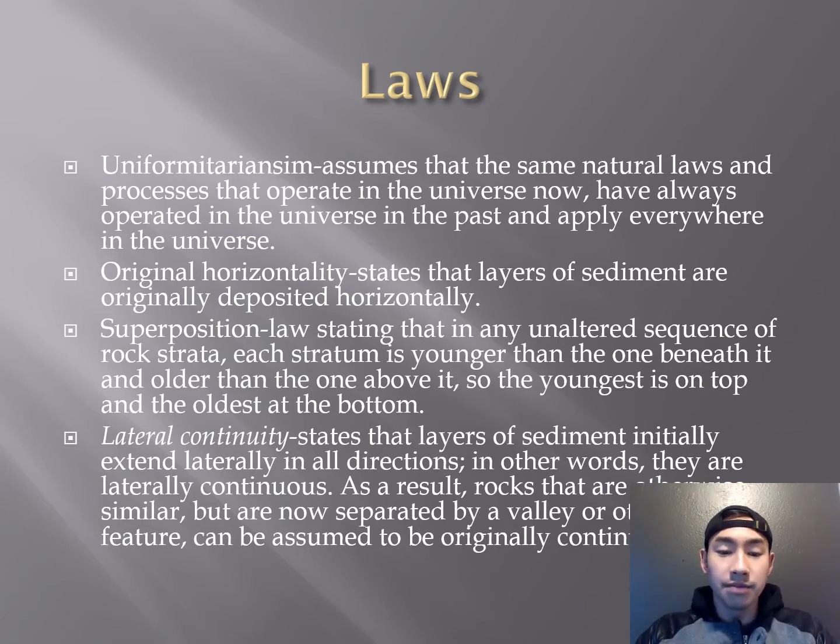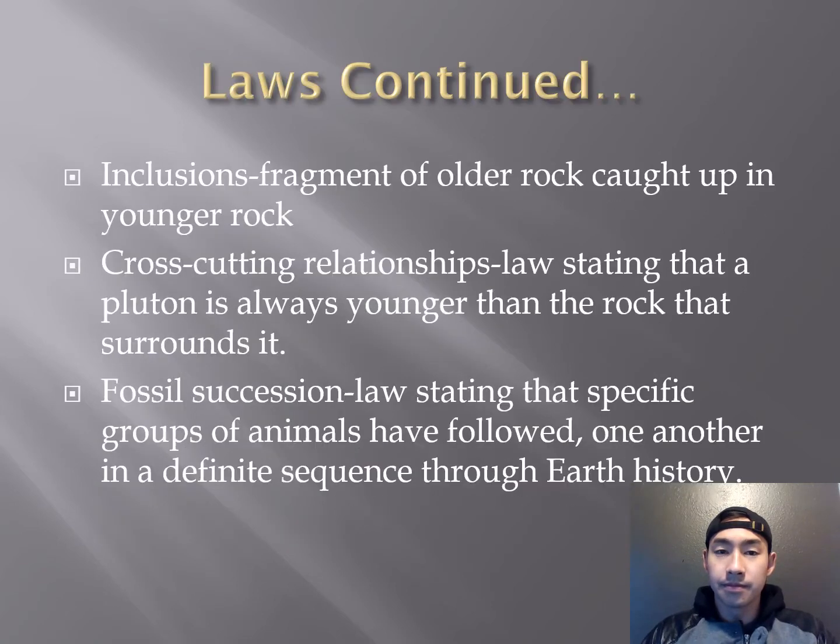Lateral continuity states that everything is laterally homogeneous and it spreads very evenly. So we have that same layer around the entire globe, essentially. So we would continue with inclusions, cross-cutting relationships, and fossil succession. Inclusions are bits of rock that would be included into your new material.